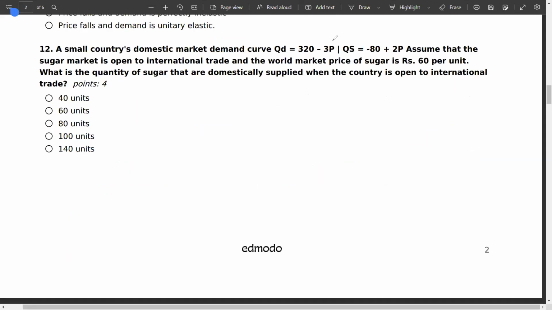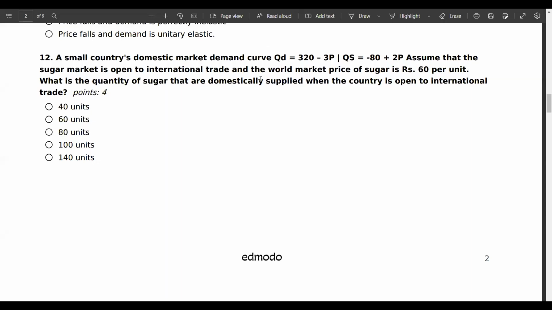Question number 12. Let's have a look at that. The question goes like this: a small country's domestic market demand curve equation is given here, QD equals 320 minus 3P.